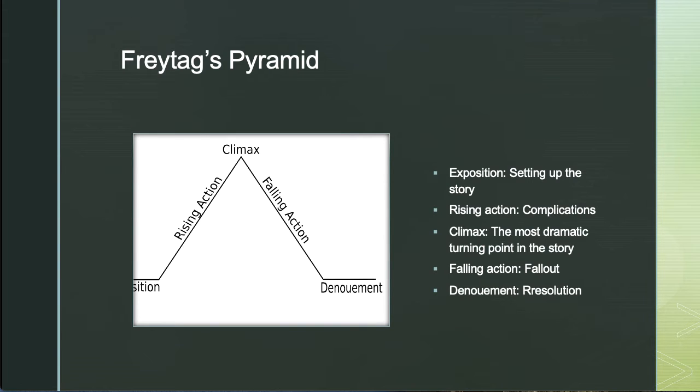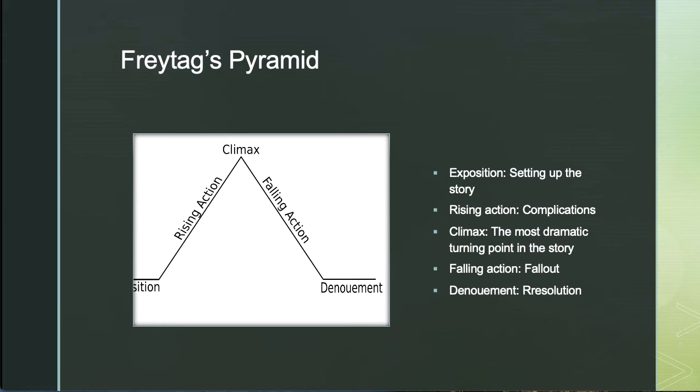Rising action is the investigation and the clues, some that lead to success and others that lead to nowhere. And so we call this sort of the try-fail cycle, where the characters are trying different things. They're getting different clues. They're succeeding, they're failing, but they're learning the skills that they're going to need in order to overcome the big obstacle. And then the climax is the sleuth solves the crime.